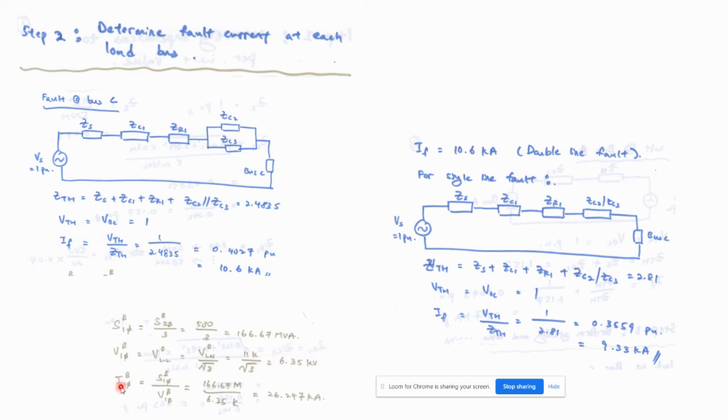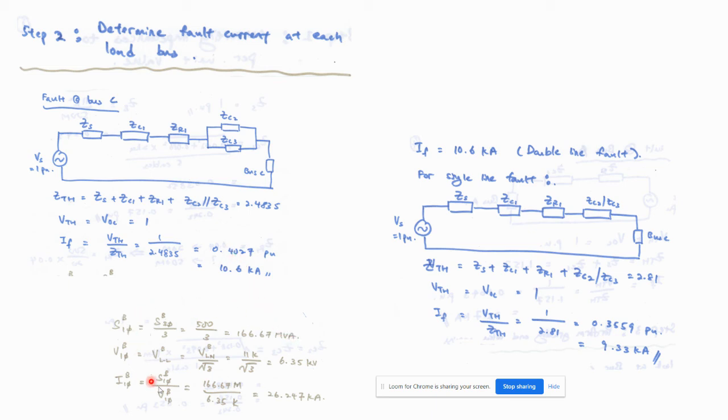And then by having S and the V, we can determine the I, because S equals VI. So if S equals VI, I will be equal to S over V. We take this, divide by this, and then we get our base value of our current on the per phase basis. So we take this value, multiply this, we get this.